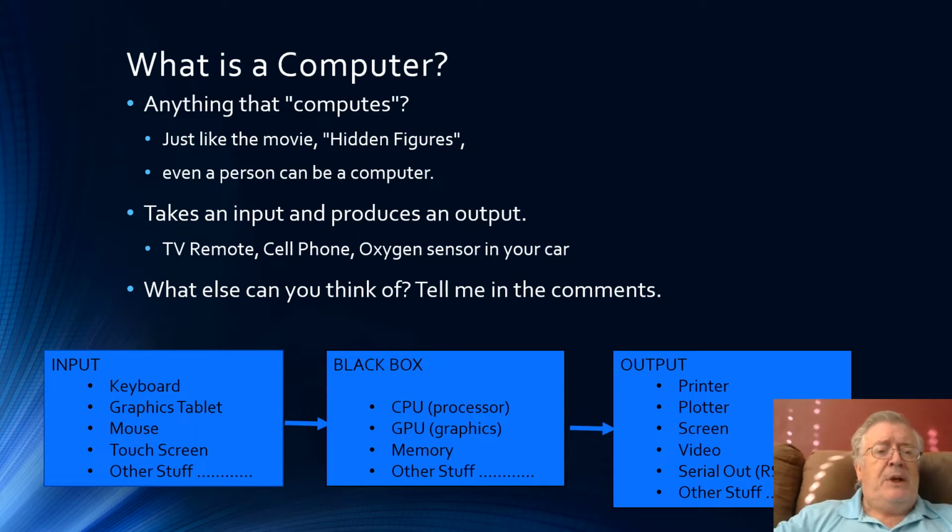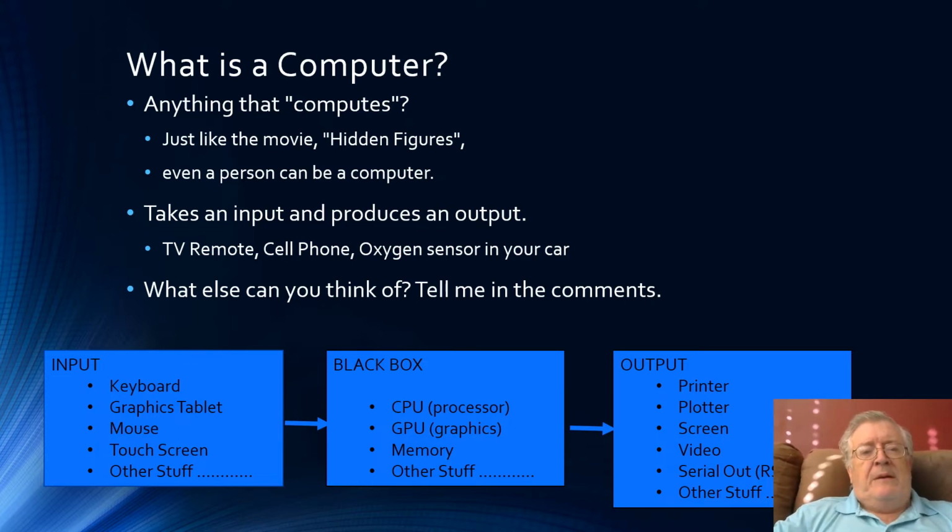Your mouse is an input, or a keyboard, an input. Some people have touch screens. If you have an iPad or something like that, it has a touch screen, which is an input. And there can be lots of other things that are inputs to the computer.